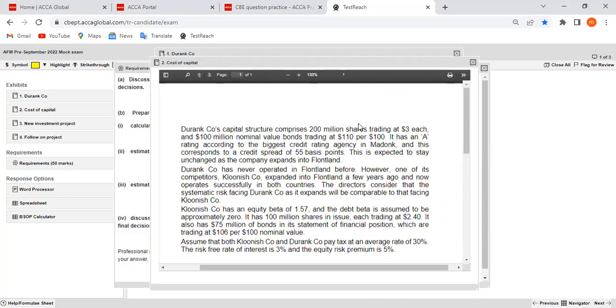The examiner has given you the market value of equity and debt, and the company has an A rating according to the biggest credit rating agency in M, which corresponds to a credit spread of 50 basis points. This is expected to stay unchanged as the company expands into F. So again, this is an assumption which the examiner has used.